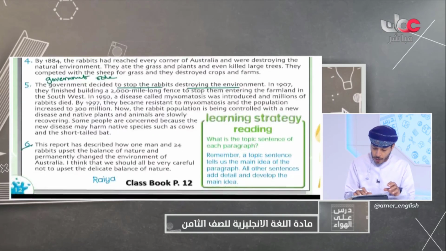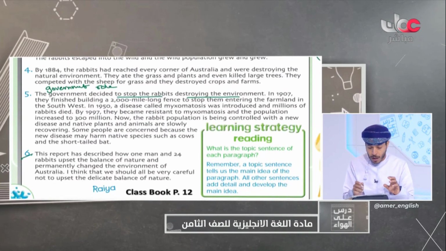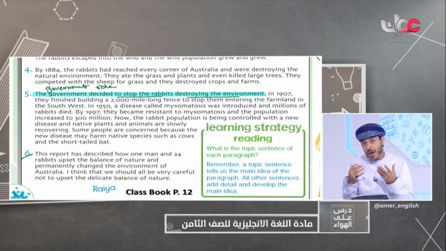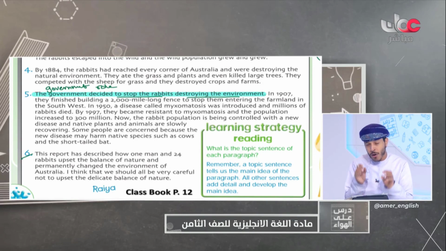So this is about paragraph number 5, and this is the topic sentence. You know that we are not reading the whole text, we are only reading the topic sentences, and from the topic sentences we can understand the text nature.